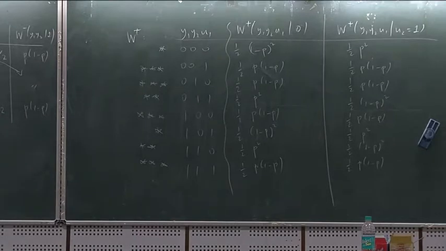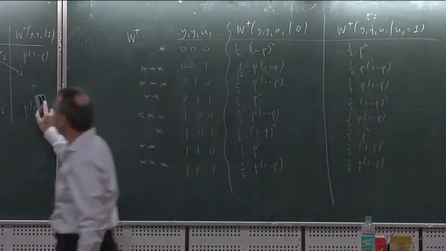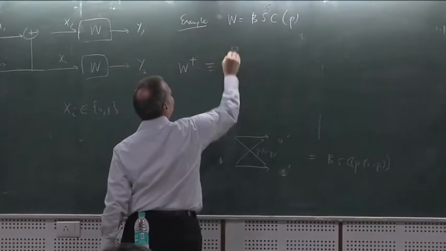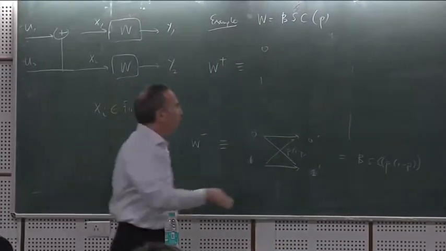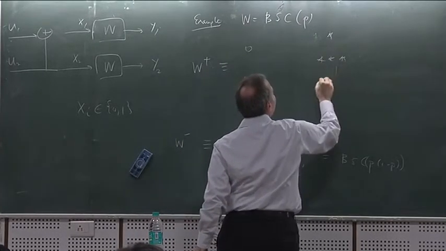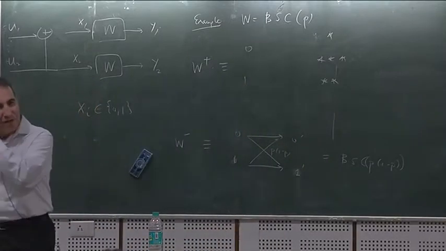So what we have is the following. W plus is equivalent to a channel with 0 and 1 at the input and three symbols at the output.